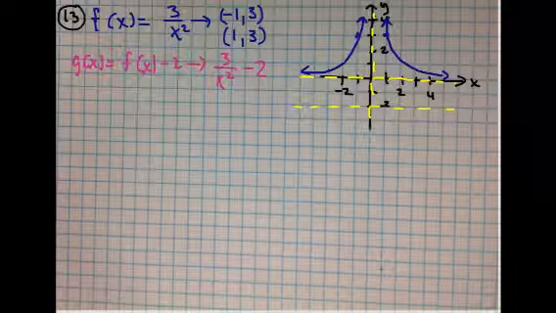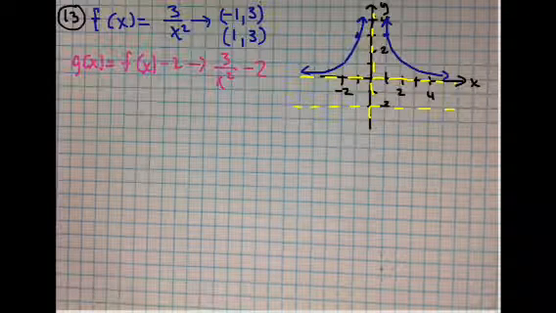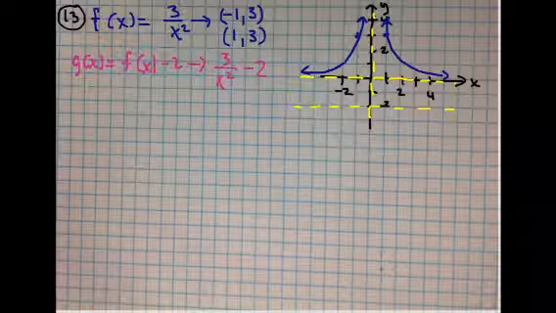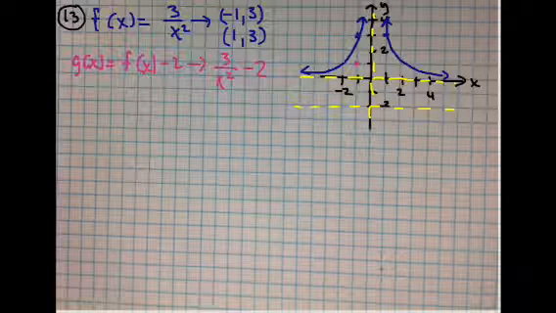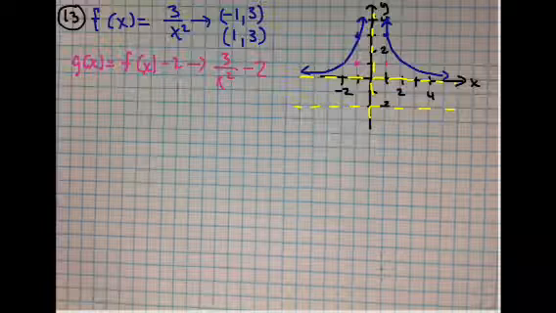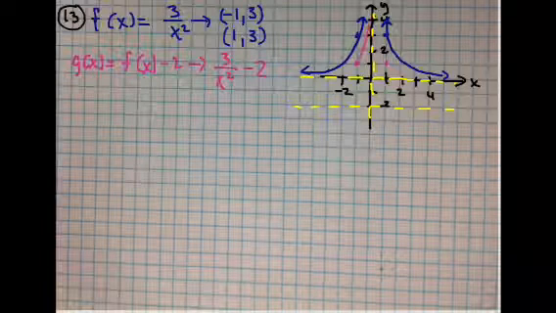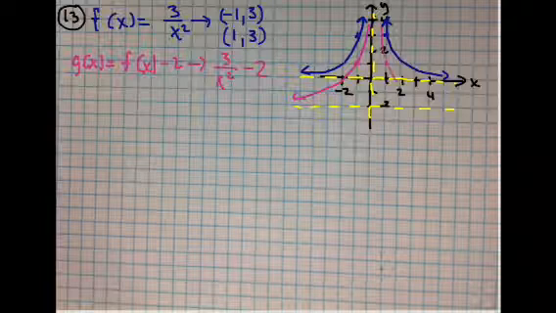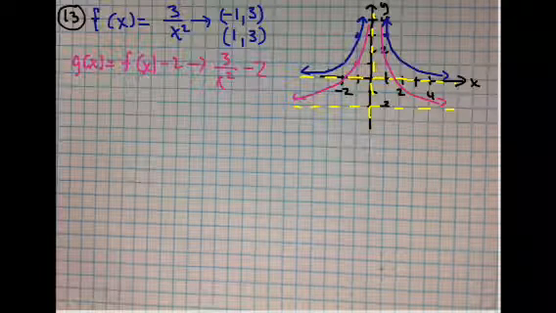Okay, and all the points come along with it. So instead of -1, 3, it's going to be -1, 1. And instead of +1, 3, it's going to be 1, 1. So it's going to go something like this. Okay, with arrows at the ends.